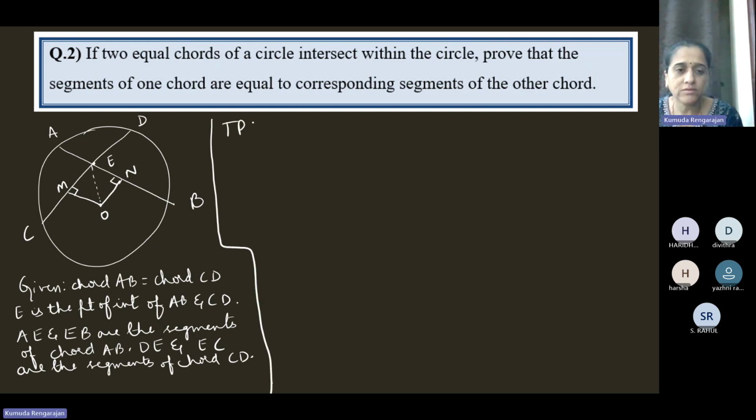To prove that AE equals DE and EB equals EC.